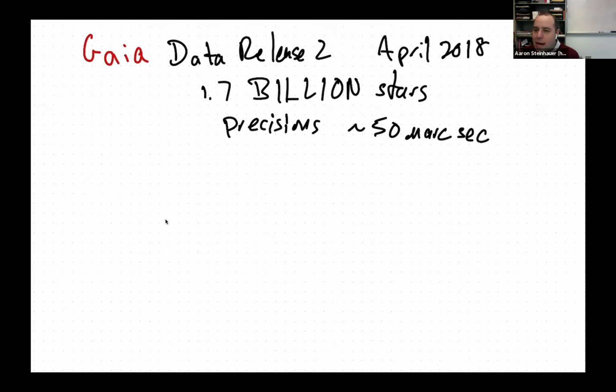And that's really what Gaia is dealing in now, micro arc seconds. I'm not even talking about milli arc seconds, I'm talking about micro arc seconds. 50 times 10 to the minus 6 arc seconds is the uncertainty on these Gaia parallaxes. It's crazy. This is already a factor of 20 better than Hipparcos.